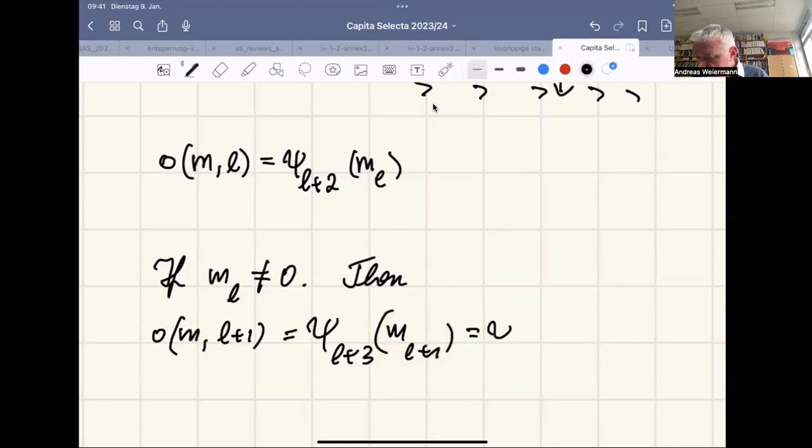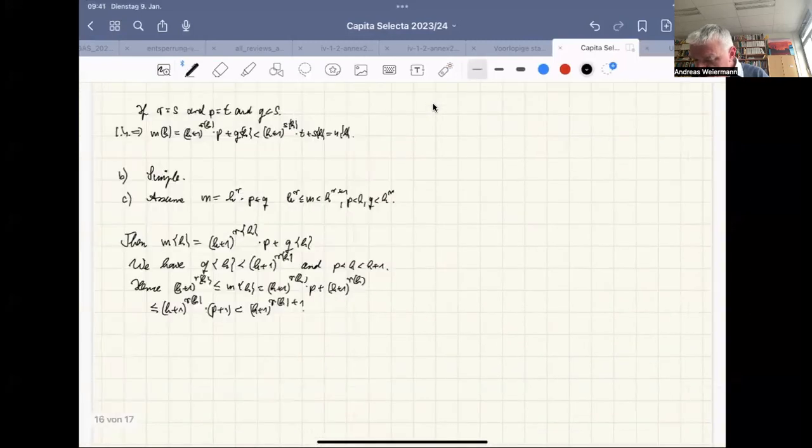So this is psi L plus 3 of M, where we replace base L by L plus 1 in ML. Let me look back in the definition of the Goodstein sequences.